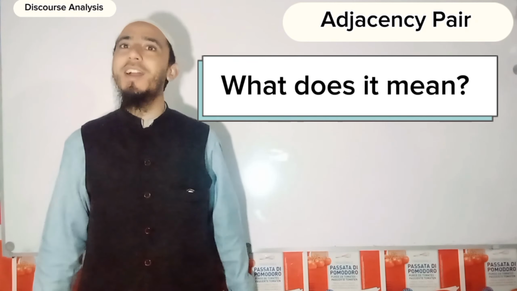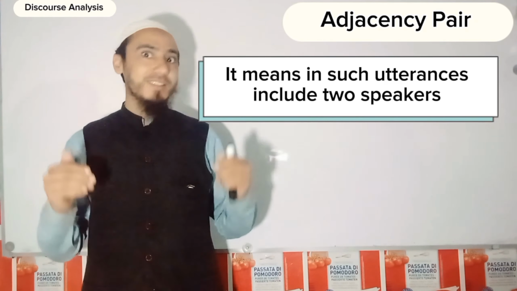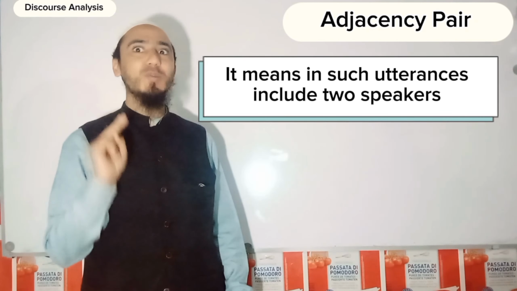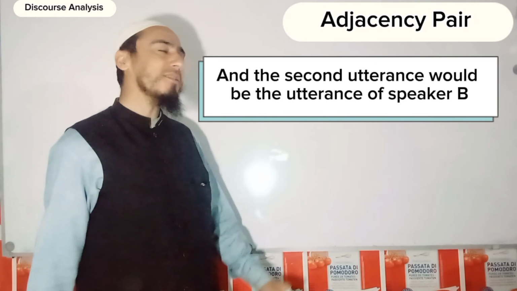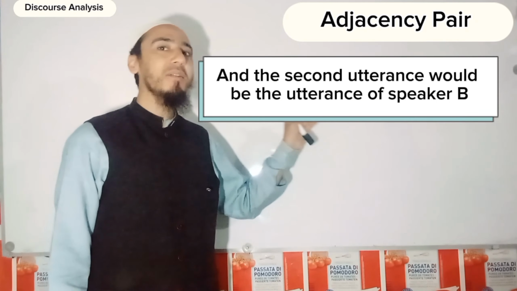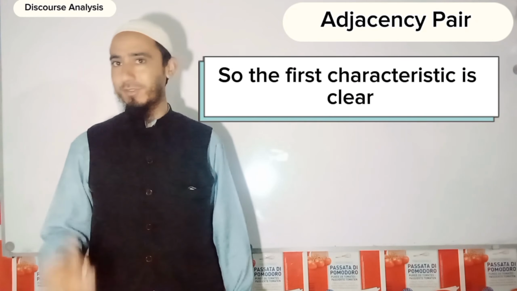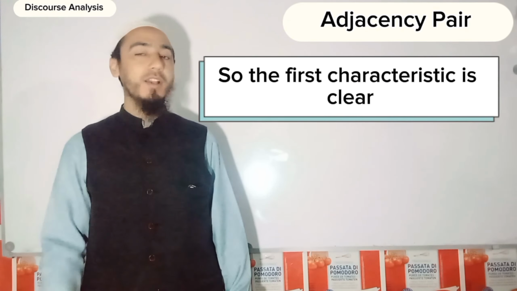What does it mean? It means such utterances include two speakers. The first utterance would be the utterance of speaker A, and the second utterance would be the utterance of speaker B. Okay, so the first characteristic is clear.